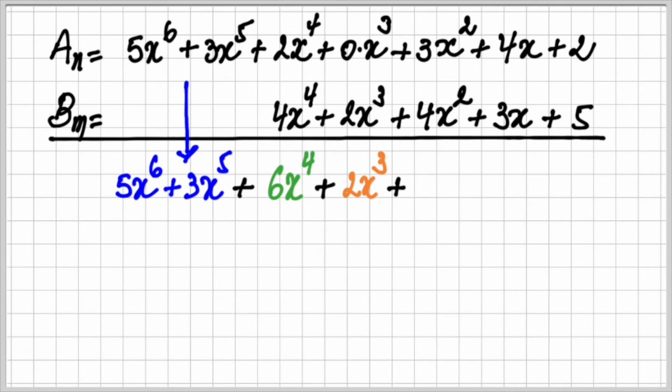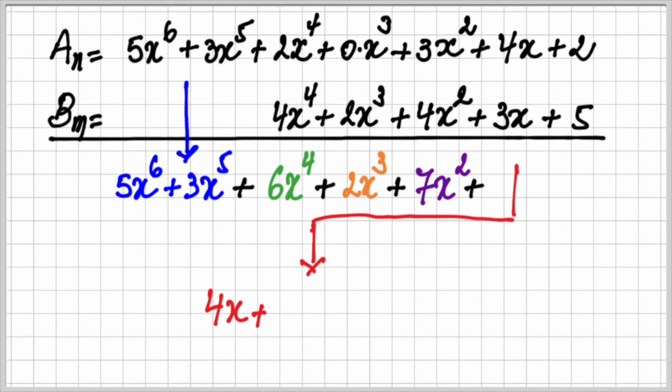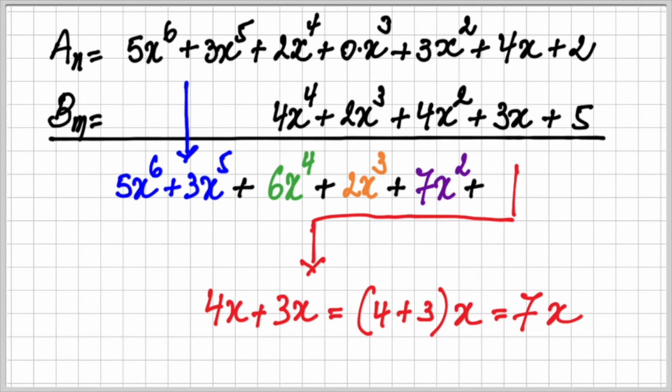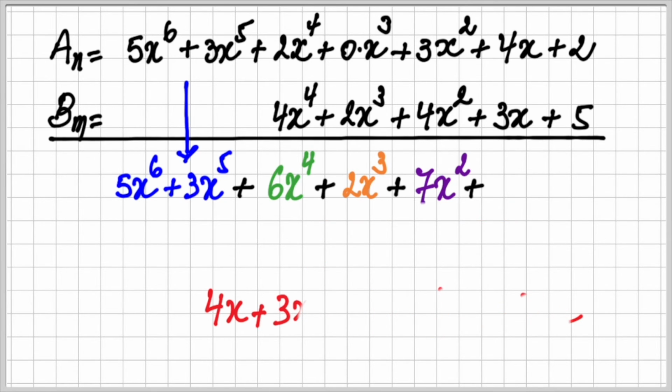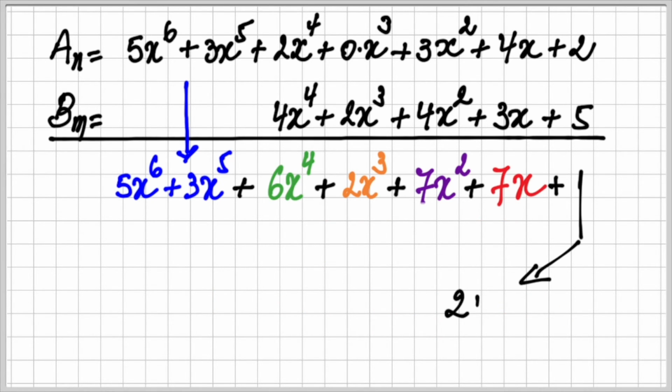And we add it to the equation. Now we have 4x and 3x, and we add the two coefficients 4 plus 3, which gives us again 7x. And now we go for the last term, 2 plus 5, which gives us again a coefficient equal to 7.